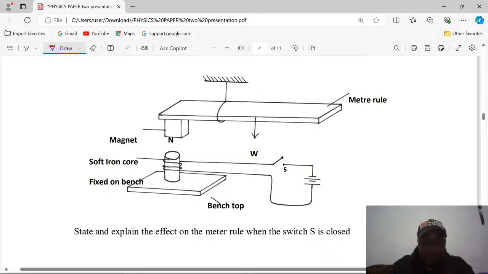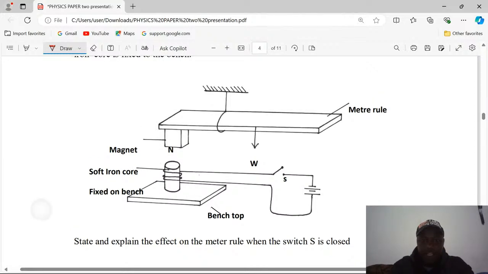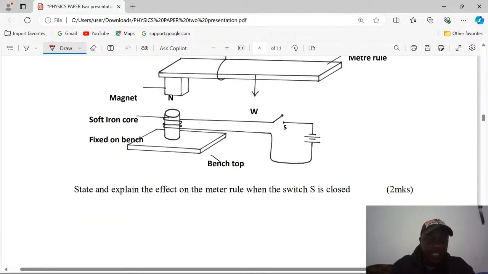As you can see, we have the bench top there. There is a circuit there connected to the soft iron core. We have a magnet. Then there is a meter rule there, whereby the weight of the meter rule is acting downward through the center, of course. Then it has been supported or hung using a string somewhere. It has been pivoted up there. State and explain the effect on the meter rule when the switch is closed.